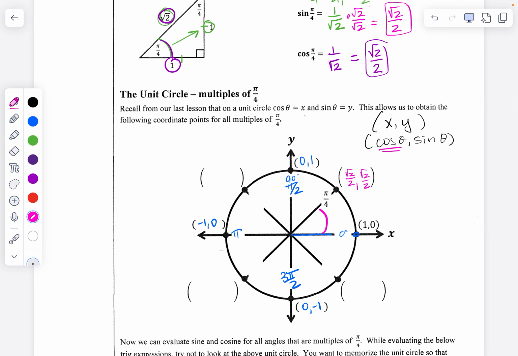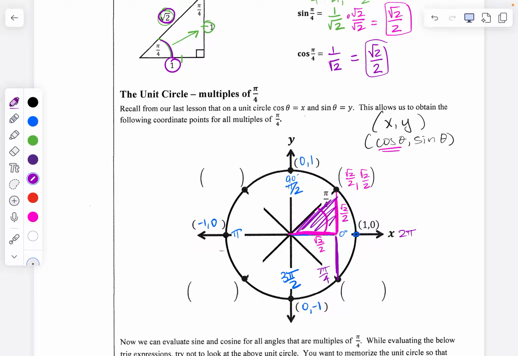Well, I know if this distance to pi over 4 is over root 2 and up root 2, so this distance here for x is root 2 over 2, and this distance is here, how would I get, let's say, down to here? Well, I know if this is still a pi over 4 angle, that's like saying 2 pi minus pi over 4, we would call that 7 pi over 4.